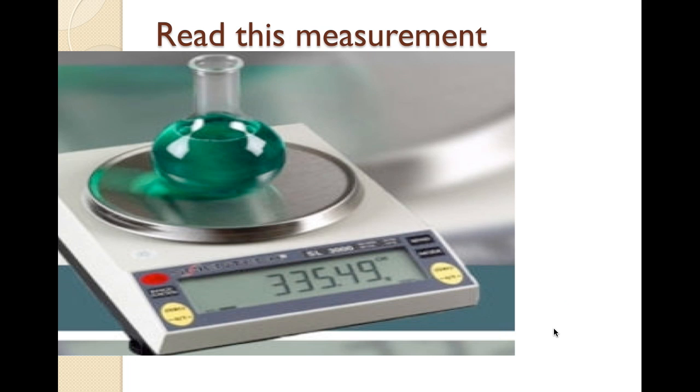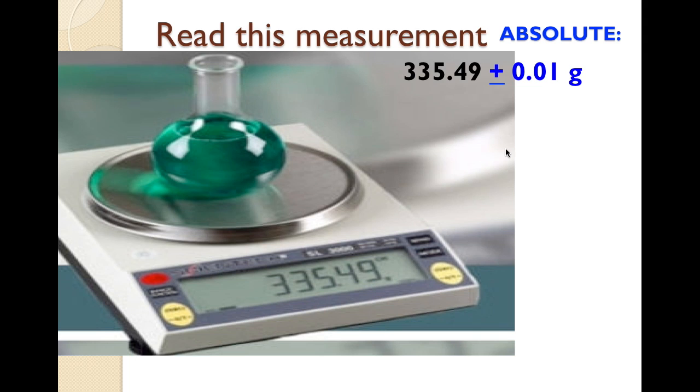Now read this measurement. This is a digital device, so we know that the absolute uncertainty is going to be the last decimal place, which would be plus or minus 0.01 grams. Tack that on to the 335.49, and now you know that it could be 335.48 grams to 335.50 grams.